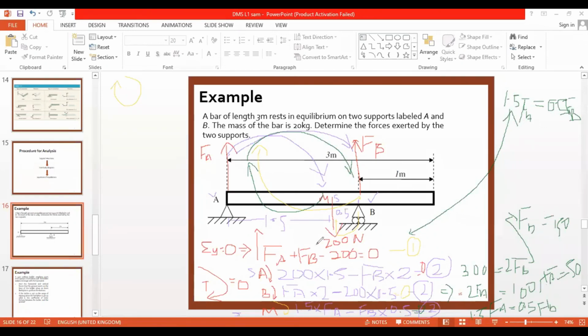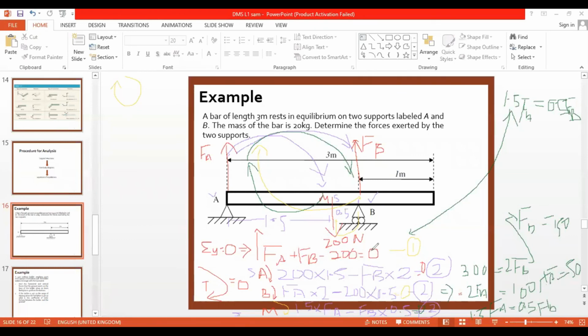If you apply this equation here, if FB is 150, then since FA plus FB is 200, FA is 50. Similarly, if FA is 50, then FB should be 150.